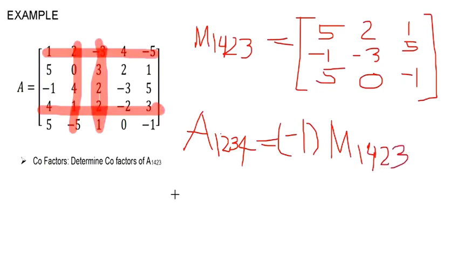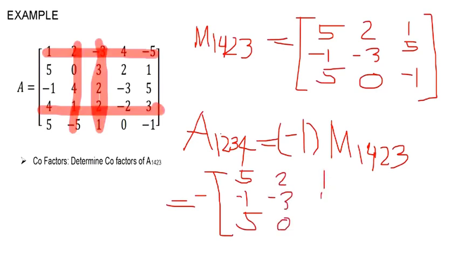So, yung kalalabasan niyan, that would be equal to negative times 5, negative 1, 5, 2, negative 3, 0, 1, 5, and negative 1. Ganyan yung magiging kalalabasan ng cofactor A1, 4, 2, 3. So, just multiply our minors, yung makukuha nating minors dito, ng negative 1. Yun yung magiging cofactor natin.